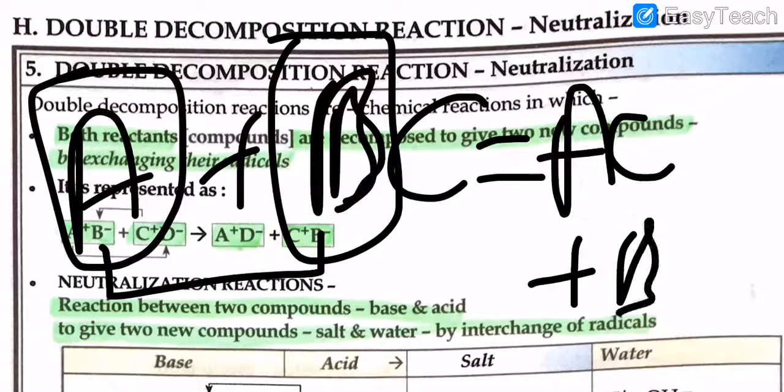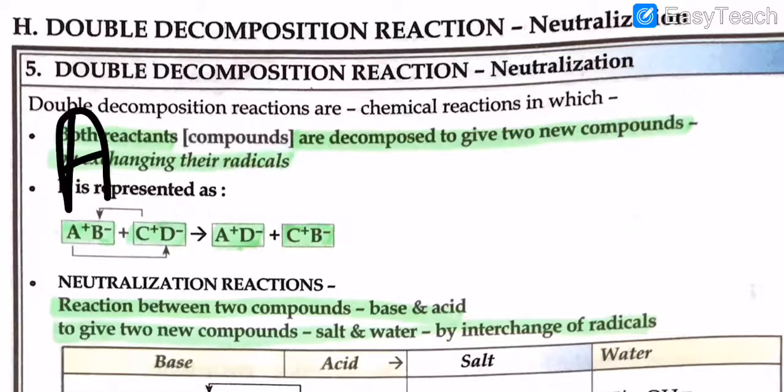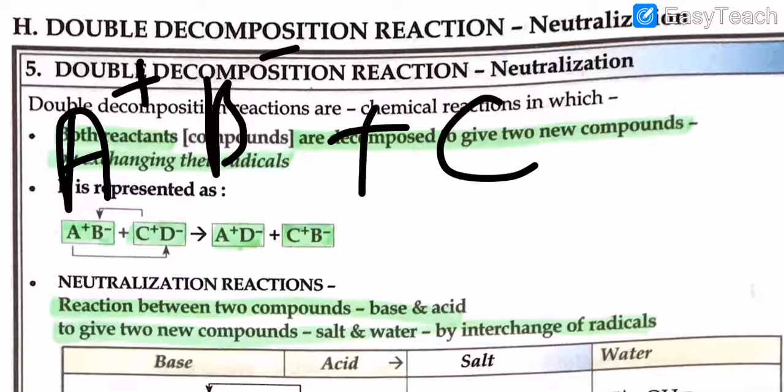Then the last and final one you have is the double decomposition reaction. In double decomposition reaction, what happens is a chemical reaction in which two reactants are both compounds and they're decomposed to form new substances. So they're basically exchanging the radicals. One more example would be A plus B minus, plus C plus D minus.